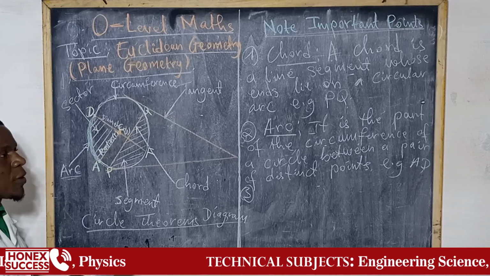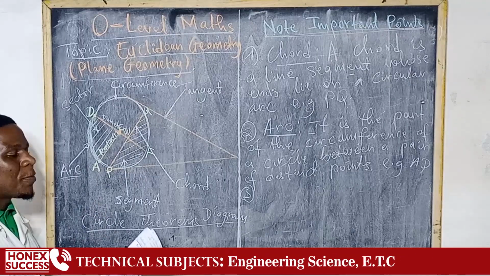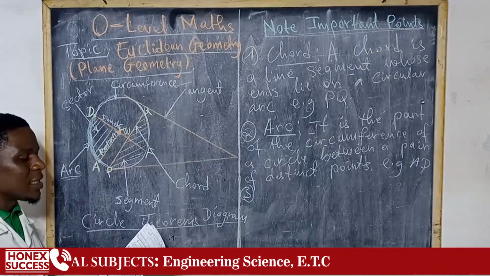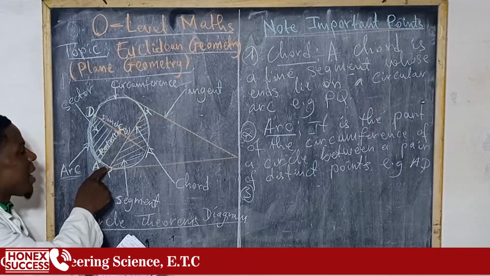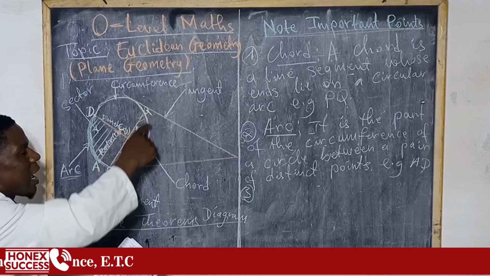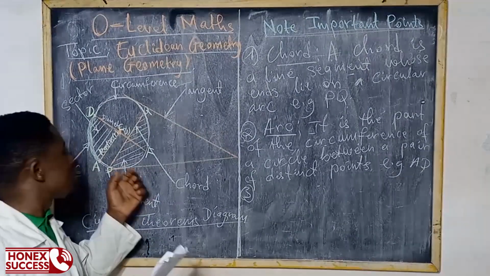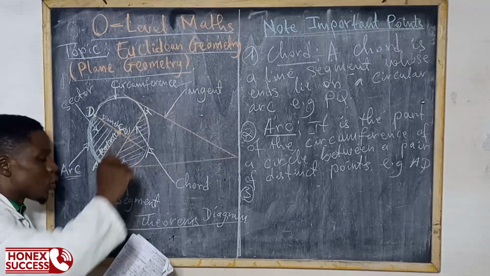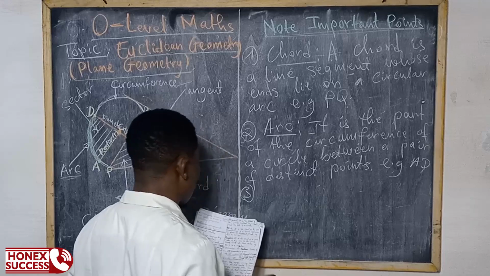A segment is that part of the circle that is enclosed by a chord and an arc. A segment is that part of the circle that is enclosed by a chord and what? And an arc.